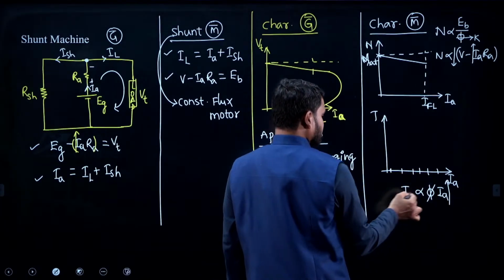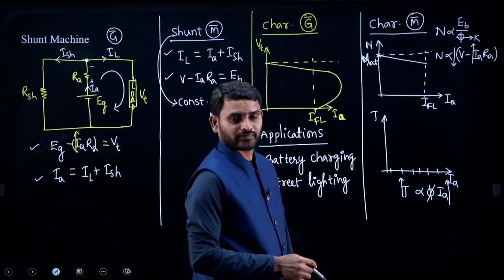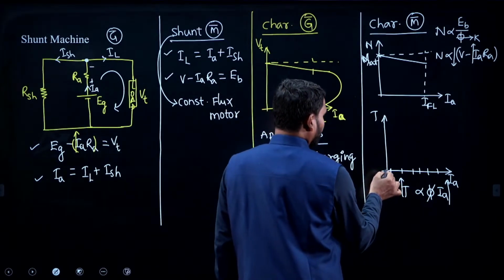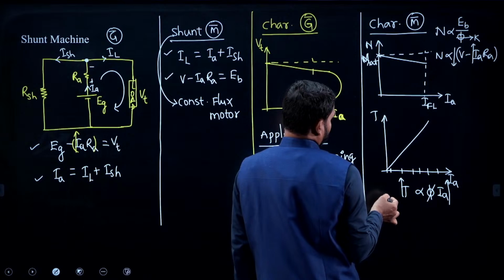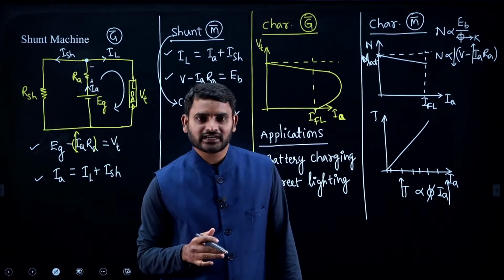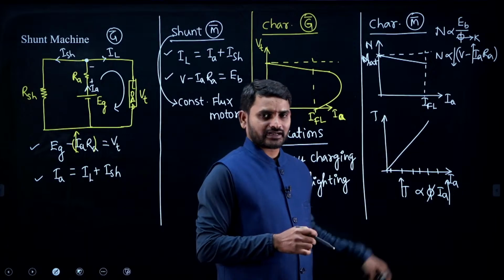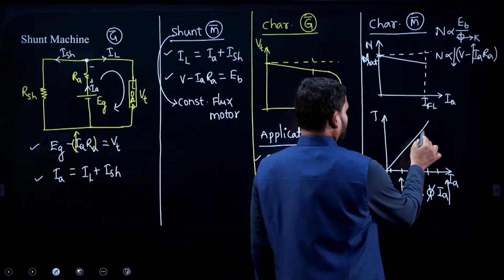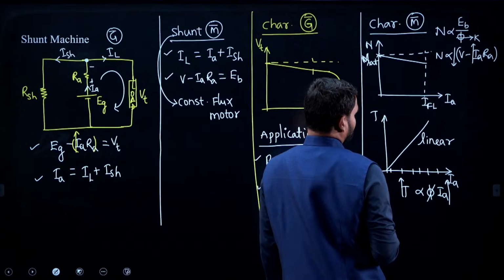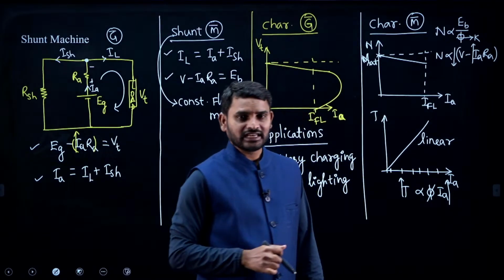So if the current increases, definitely torque also increases. So it looks linearly proportional, and you can draw a line like this. Shunt motor torque versus armature current characteristics are linear characteristics.